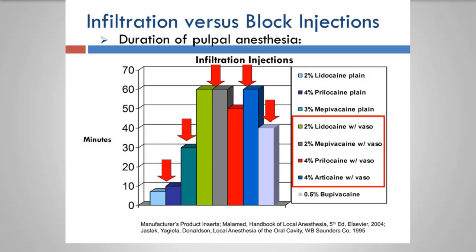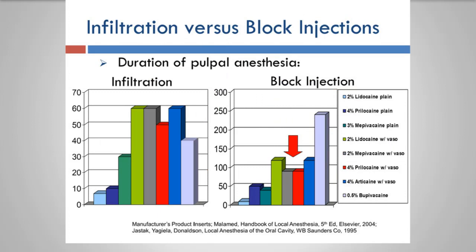And then last, here is our mepivacaine. Plain mepivacaine delivered as an infiltration will give us about a half an hour plus or minus of pulpal anesthesia. So like I say, that's very good for doing short duration, single tooth type of invasive procedures, doing a restoration and so forth.